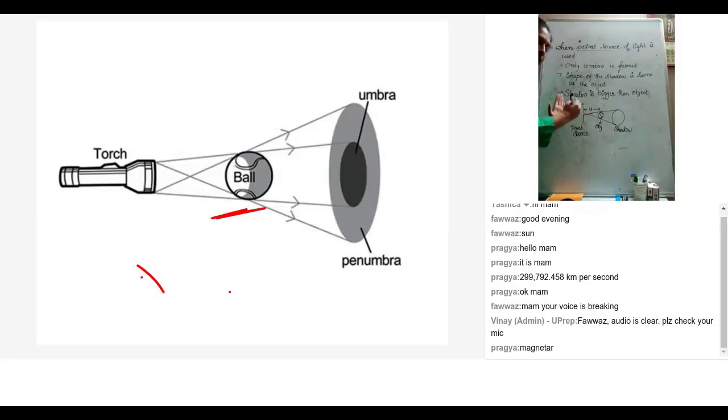What I'm saying is, if the distance between these two is decreasing, if I'm bringing them closer, either by moving the point source towards the object or the object towards the point source, then the size of the shadow increases. Okay, ma'am, please make a note of it.